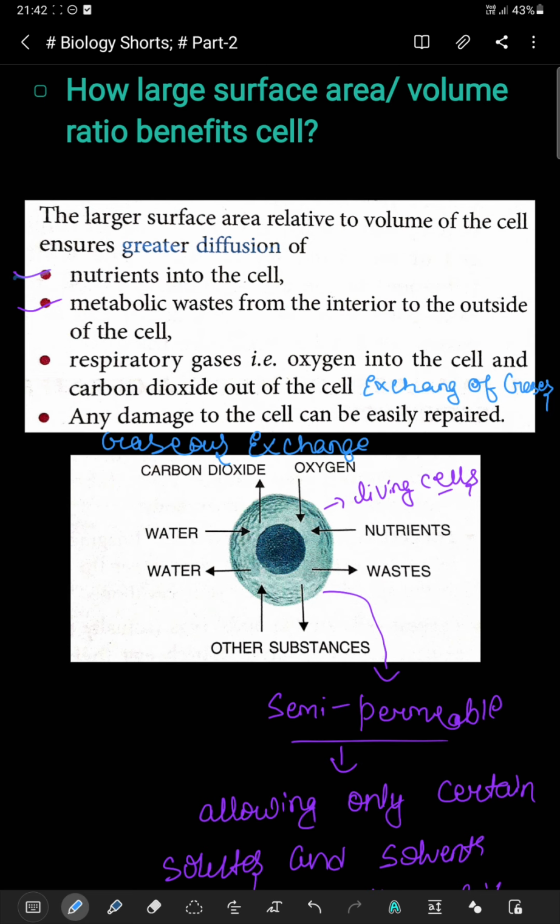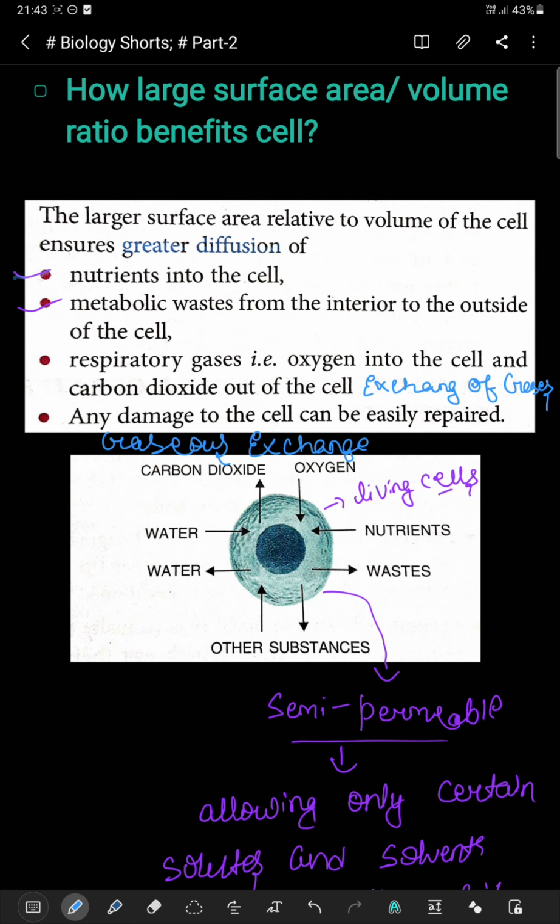Take the example of our body. When we get some injury in our leg or hand, a small cut or a burn, our body slowly repairs it. Skin is also made up of a combination of cells, so when our skin gets cut, damage to cells takes place.